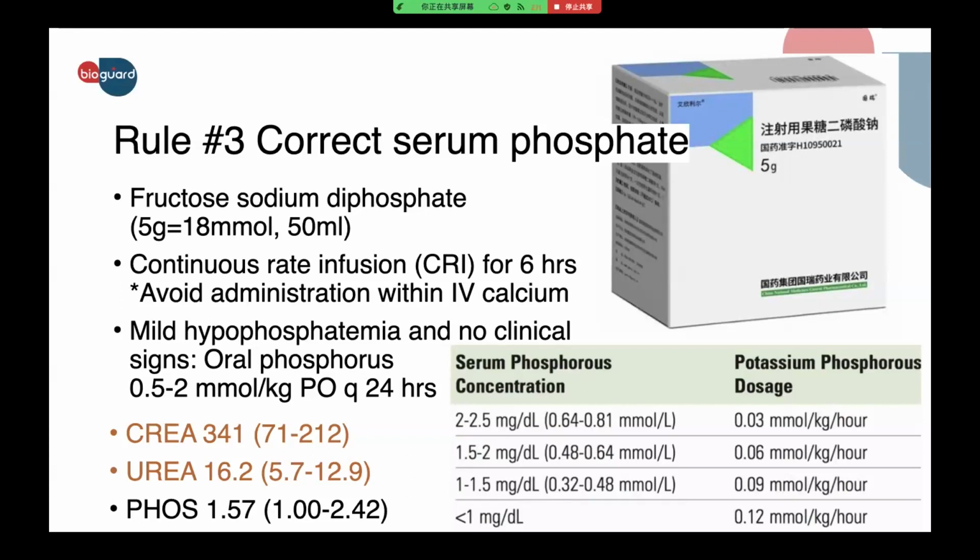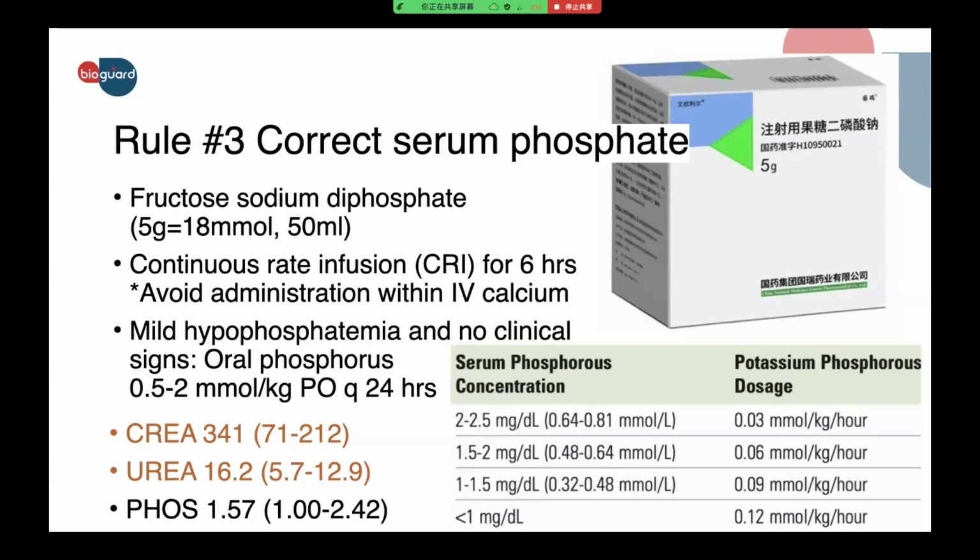Commonly, we use a CRI for 6 hours. We need to take care to avoid administering it with IV calcium, because calcium will react with phosphate and make a sediment.